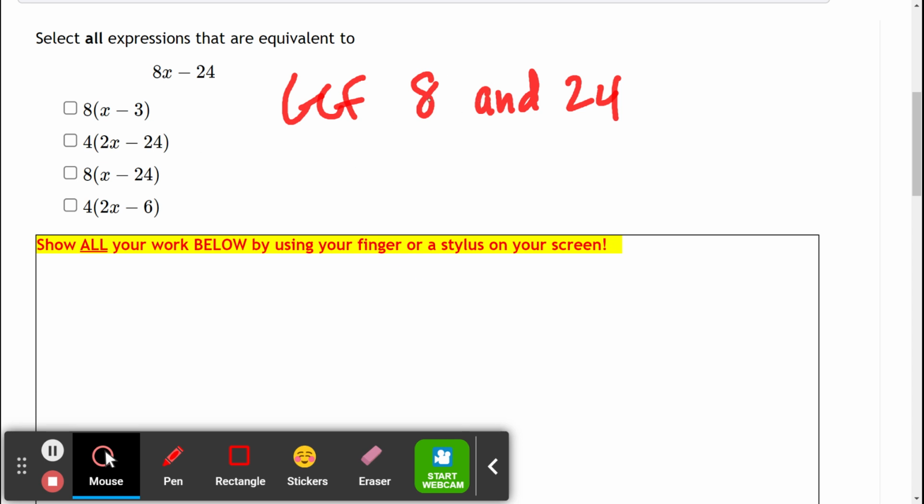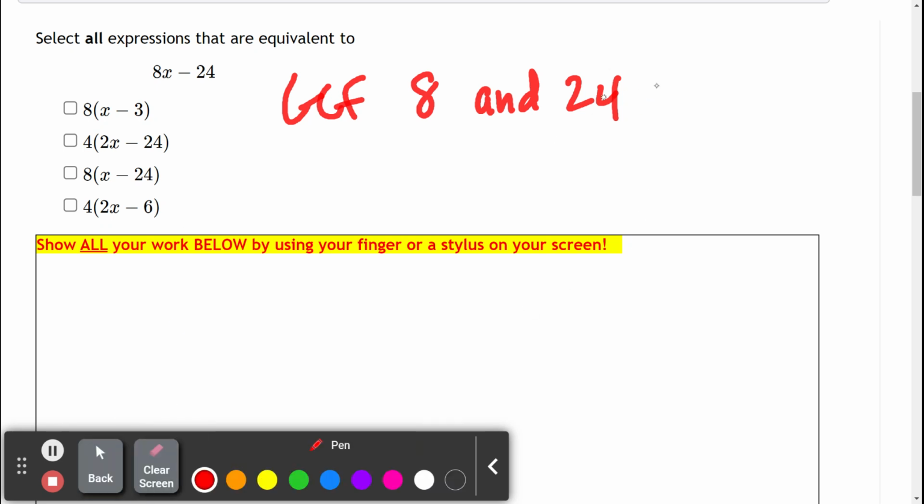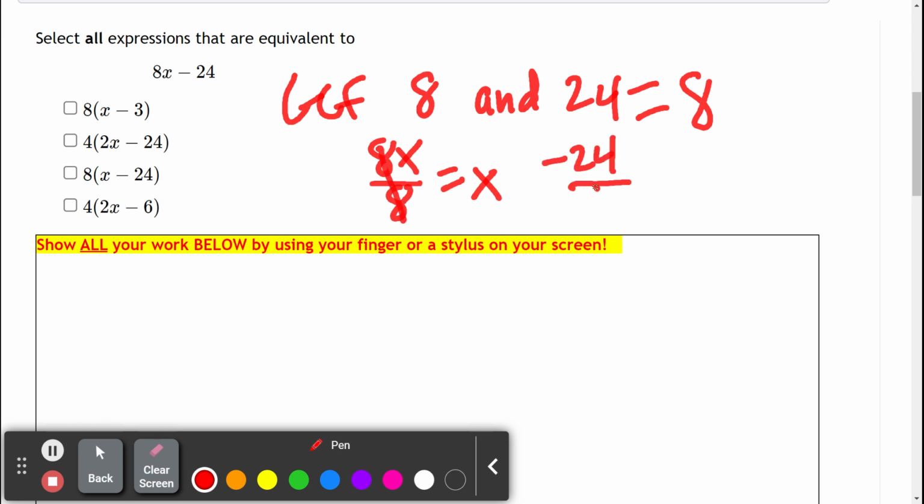What divides 8? Well, 8 does. And 8 also divides 24. So that has to be the GCF, which is just 8. If I take 8x and divide it by 8, that's just x, because the 8's cancel. And if I take -24 and divide that by 8, that's -3.